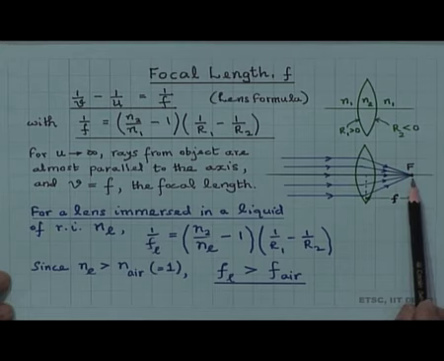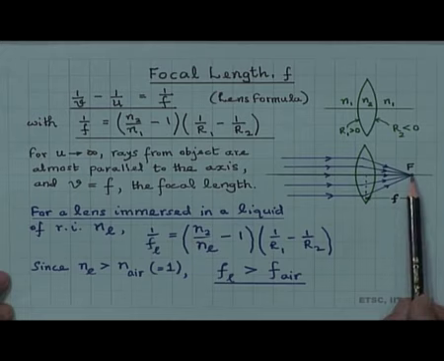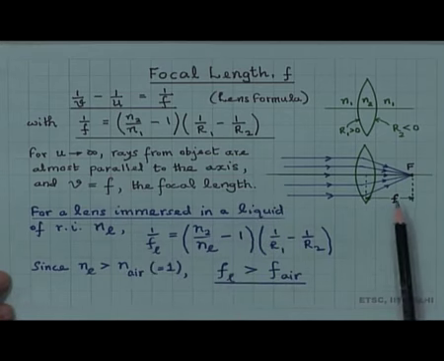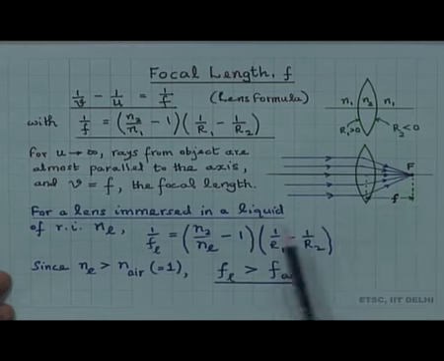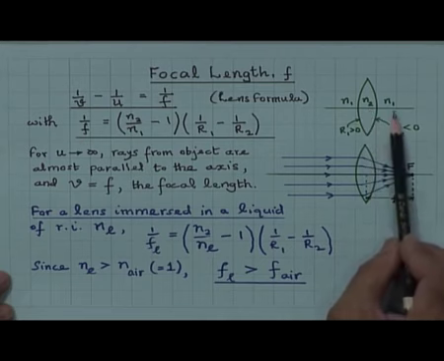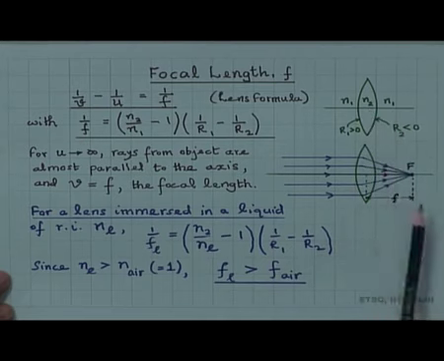They converge to a point f, and the distance between the lens and the focus, the principal focus, is called the focal length. Now, this is true for a given lens. Here we have taken n2 as glass and air, and we have a certain value for the focal length.